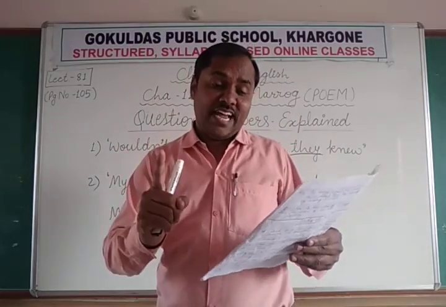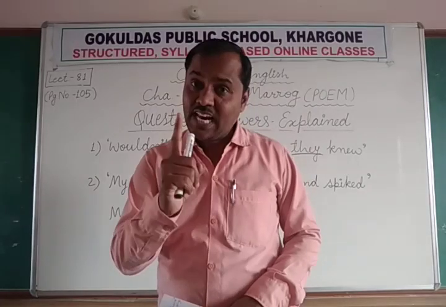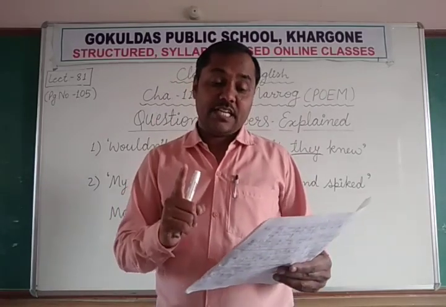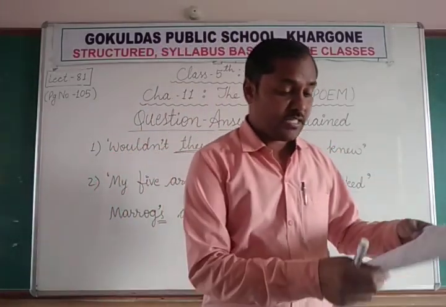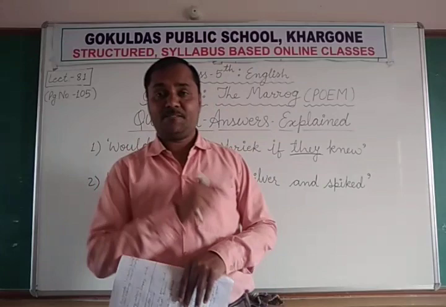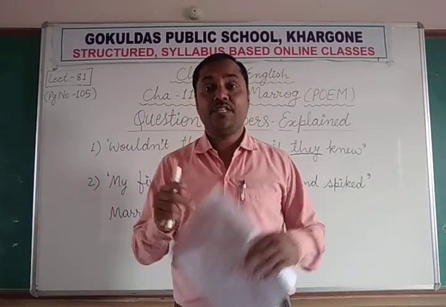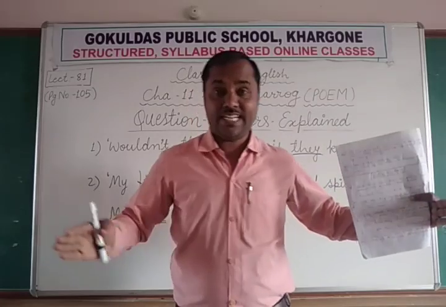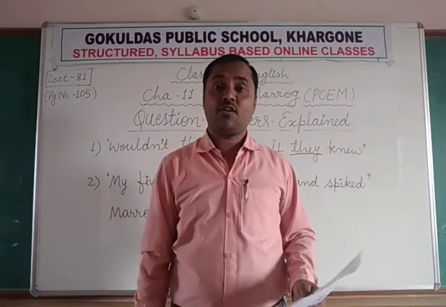So 1 light year is the distance that light travels in 1 year. Okay, 1 light year is the distance which is generally traveled by light in 1 year of time.